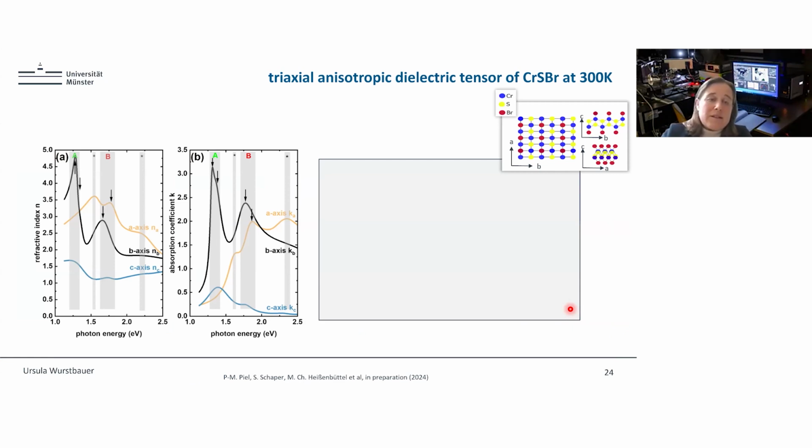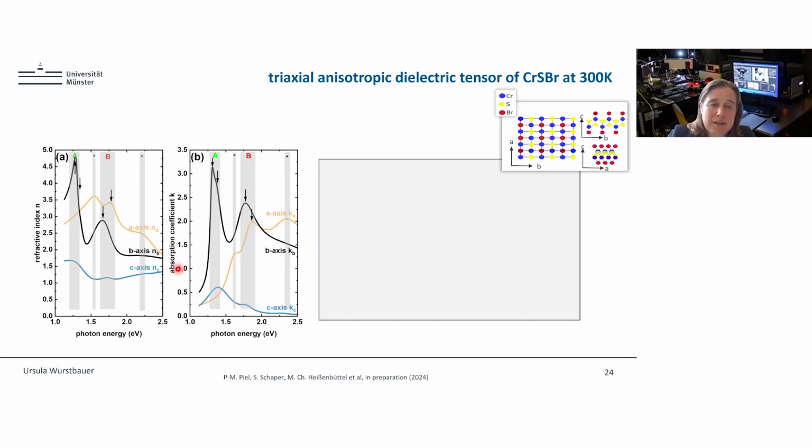So the result is as follows. Indeed, we can extract the refractive indices and the absorption coefficient for this material along the different axes. Just as a reminder, A and B are the two in-plane axes, and let's focus again on the absorption. You see that it behaves quite differently.